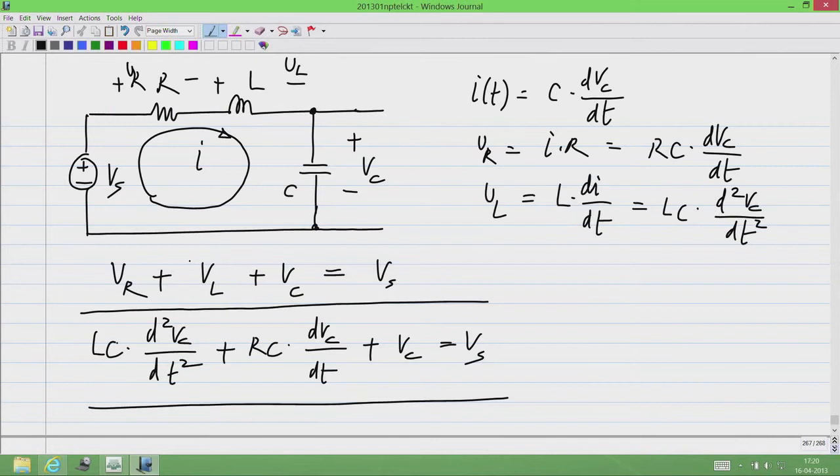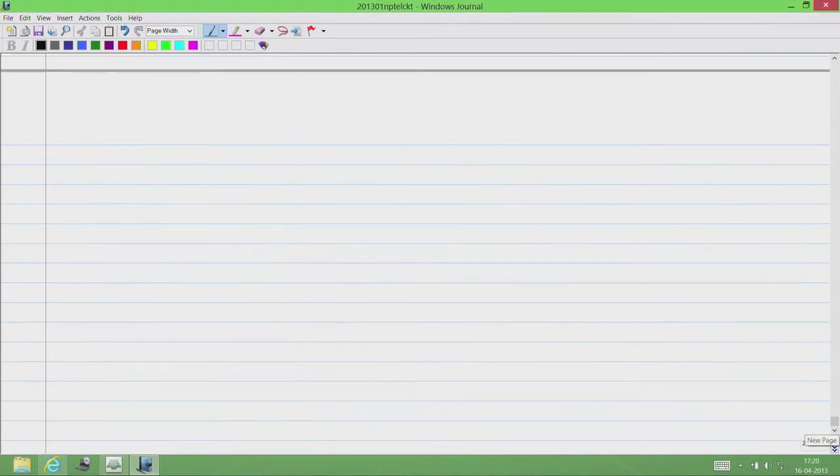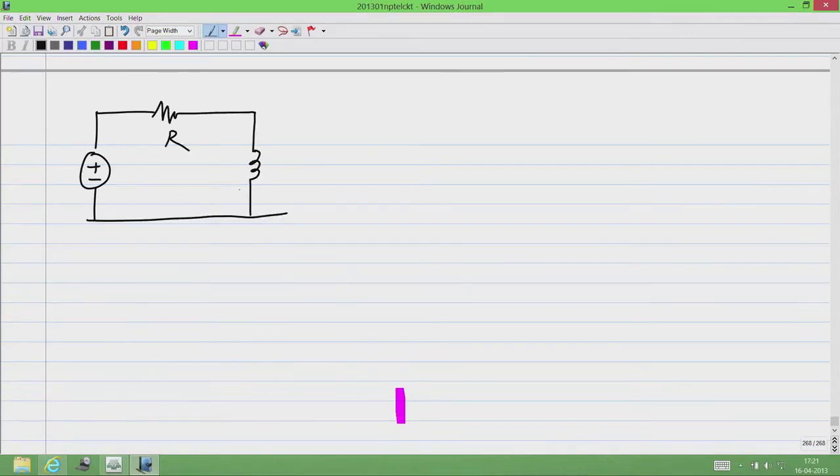So, before we go there, let me do it for a slightly different circuit. Let me have R, L and C arranged slightly differently.